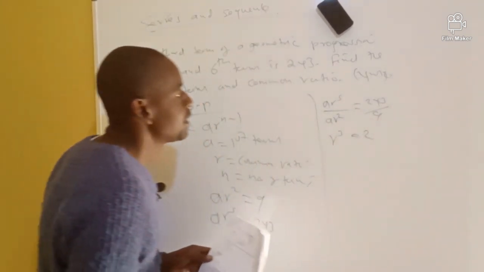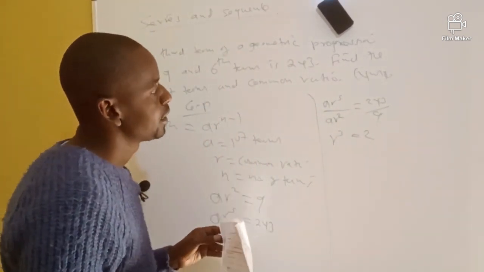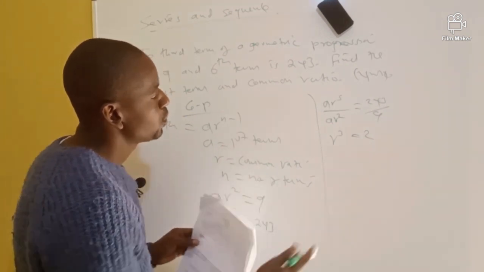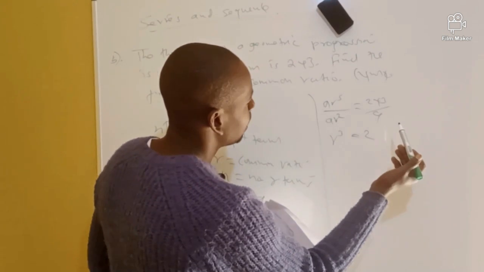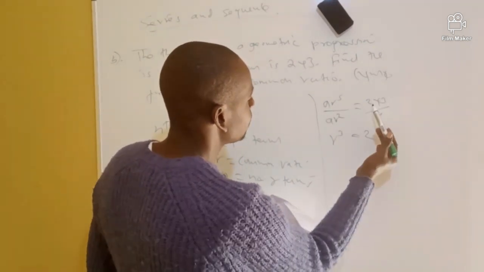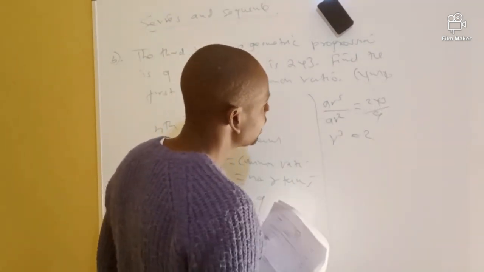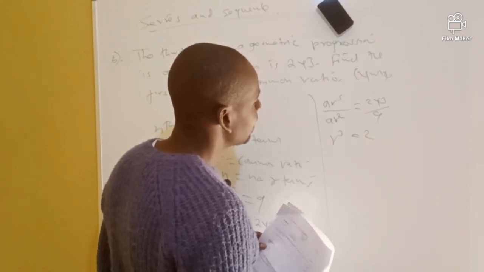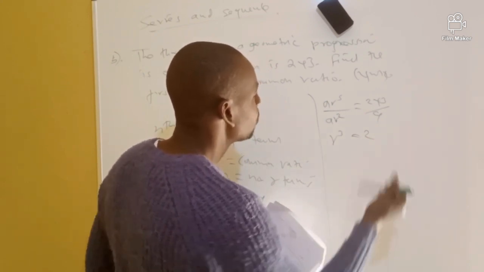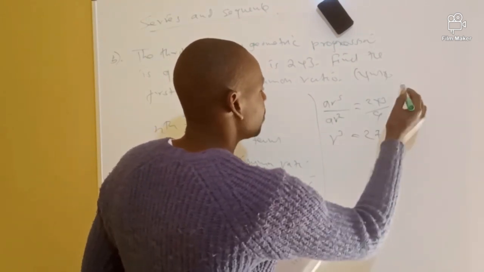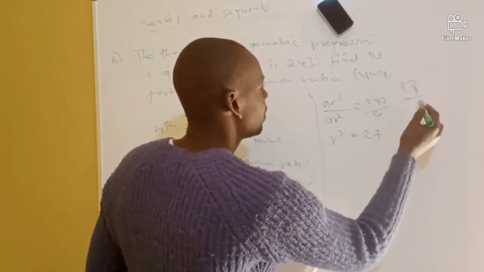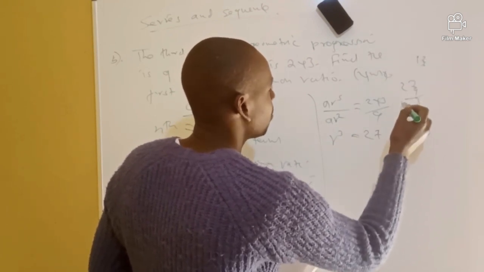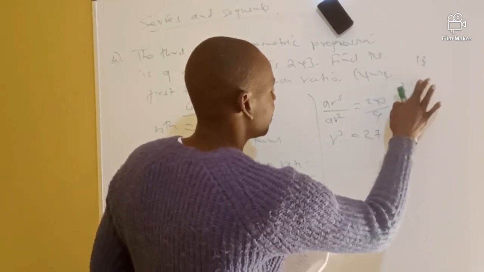Bring down 3. 18, remainder 6 in 63. 9 goes 7 times. So just confirm: 63, yeah, we are correct.